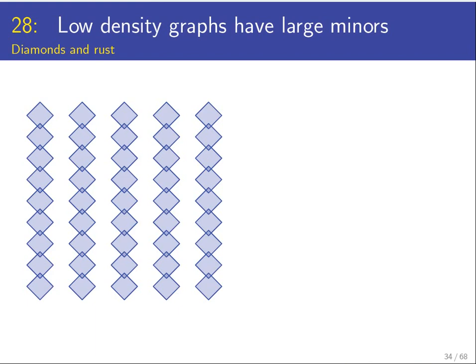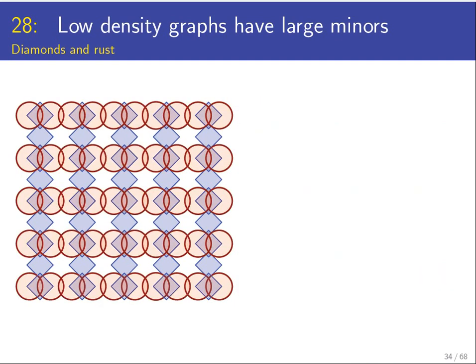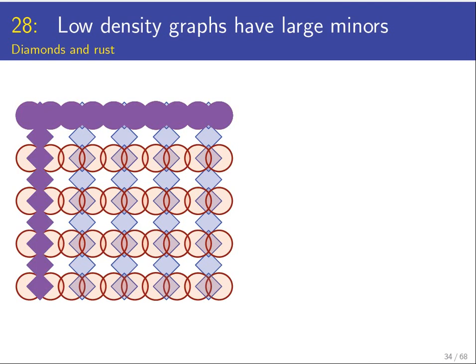To see that, let's consider this set of diamonds, that is, the set of squares in vertical columns as seen on the slide, and a set of disks in rows, and we take the overlay, we get this grid structure. Now if we identify all the objects in a column and a row, we take their union, then we get this L-shaped region.